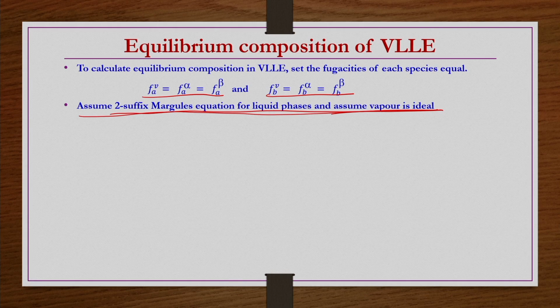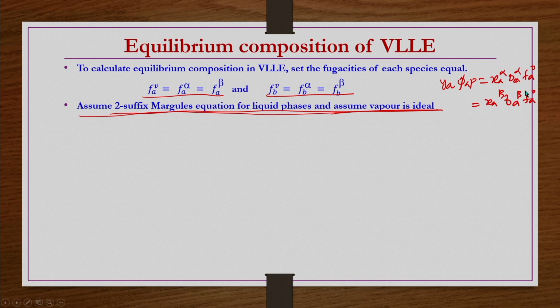Then one has to go for numerical solutions. Okay. So, for simplicity, in order to write these equations, what is f_A^V? If you take non-ideality everywhere, then f_A^V = y_A phi_A P = x_A^alpha gamma_A^alpha f_A^0 = x_A^beta gamma_A^beta f_A^0.